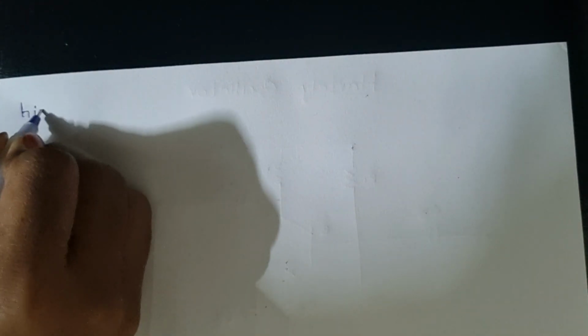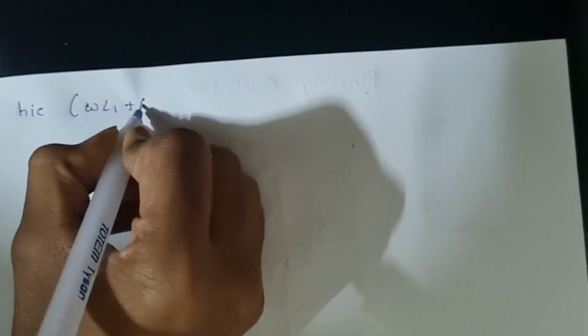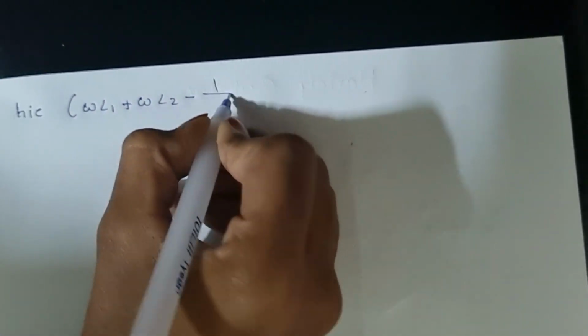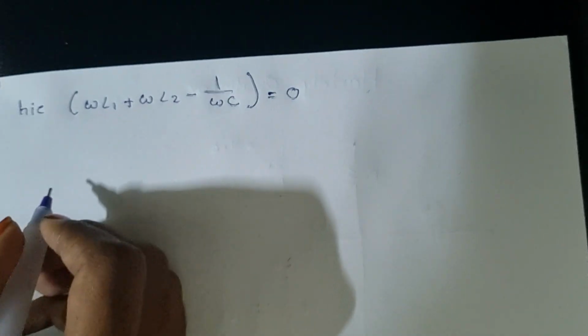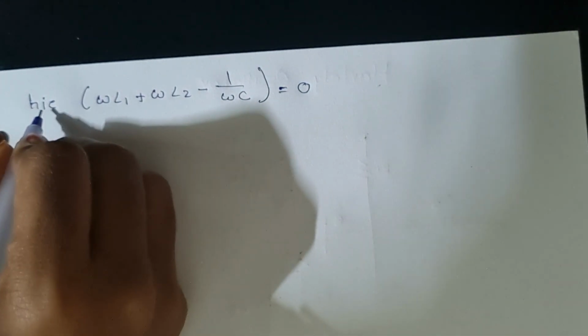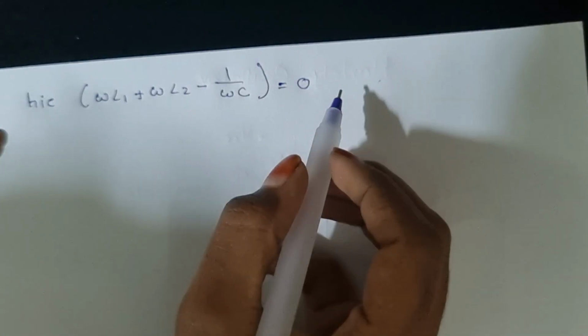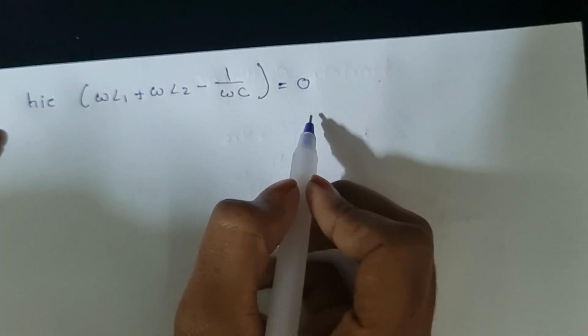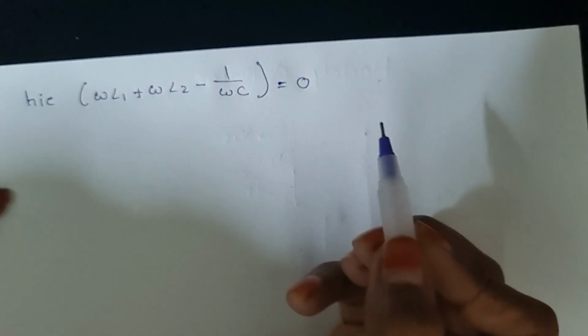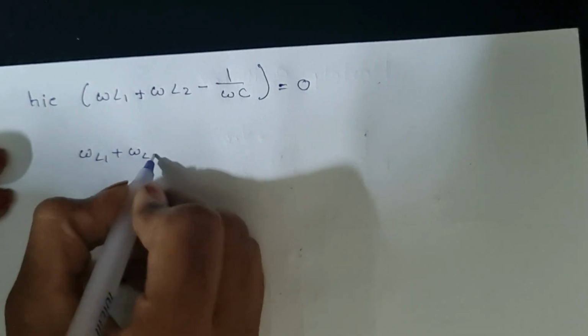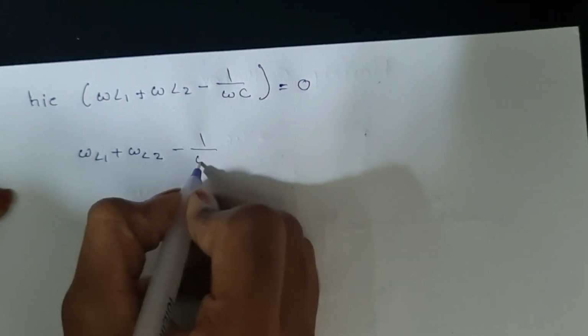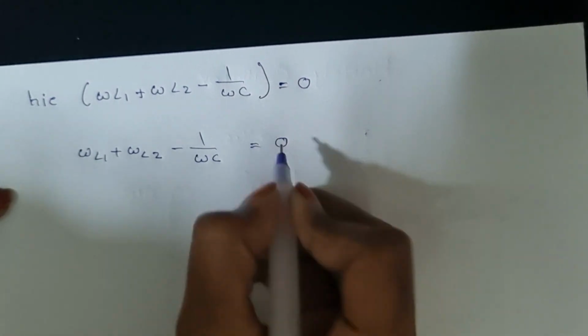So we got the imaginary term as HIE of (omega L1 plus omega L2 minus 1 by omega C) equals 0. So we send this HIE to the right hand side, so we get 0 by HIE. Zero divided by anything is 0. So omega L1 plus omega L2 minus 1 by omega C equals 0.